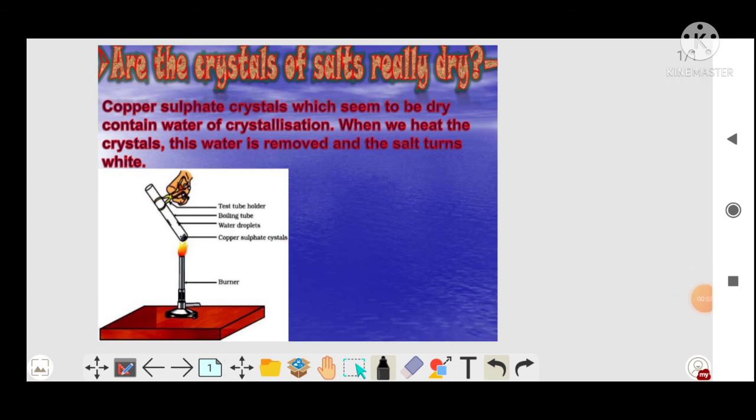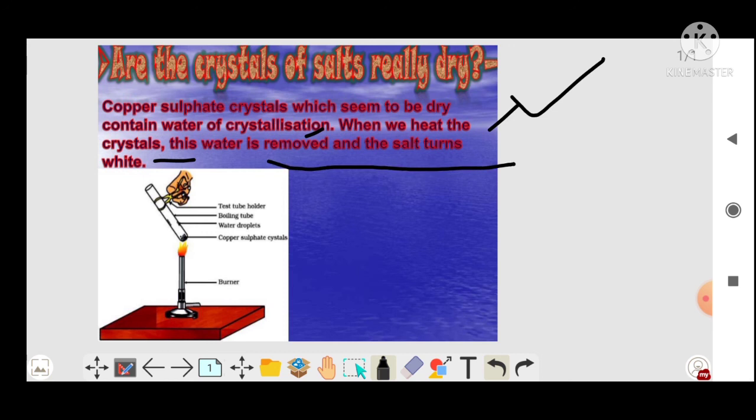Okay, here one question is, are the crystals of salts really dry? Look, copper sulfate crystals seem to be dry but contain water of crystallization. When we heat the crystals, this water is removed and the salt turns white.